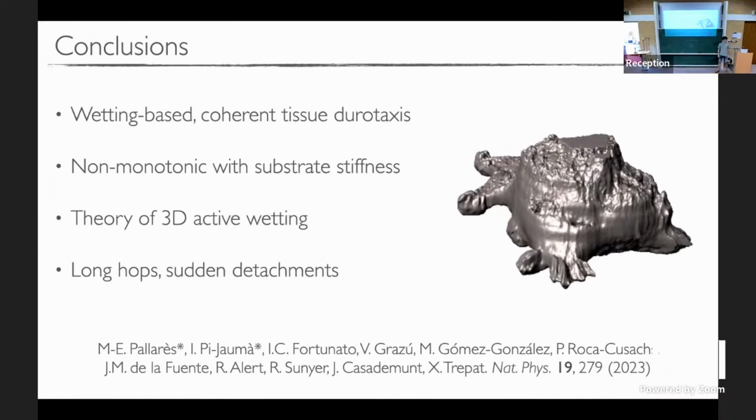What happens with a very stiff substrate like glass, for example? This is PAA, polyacrylamide.